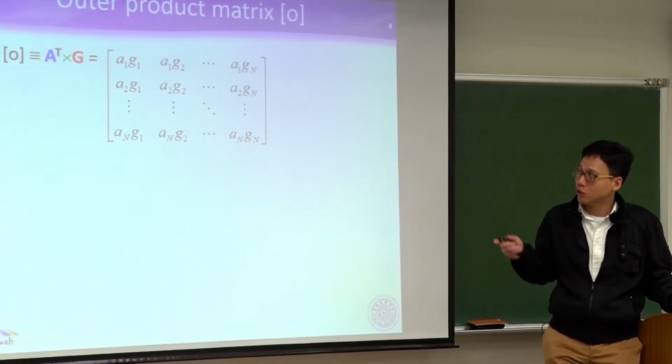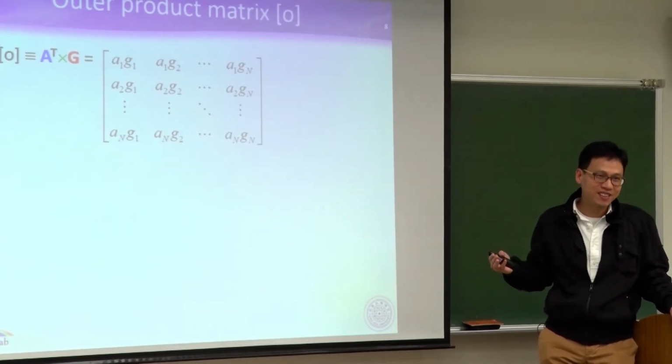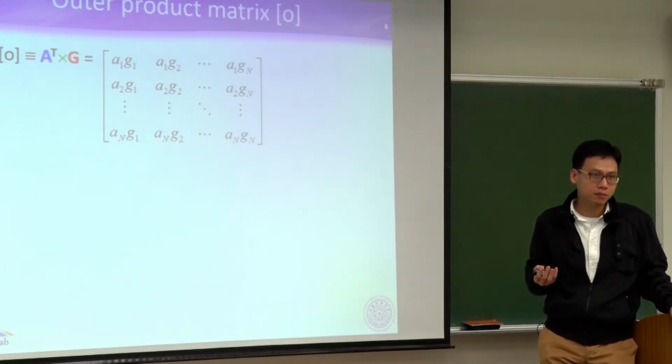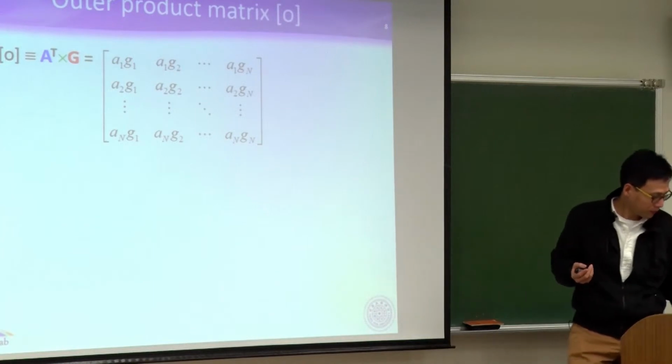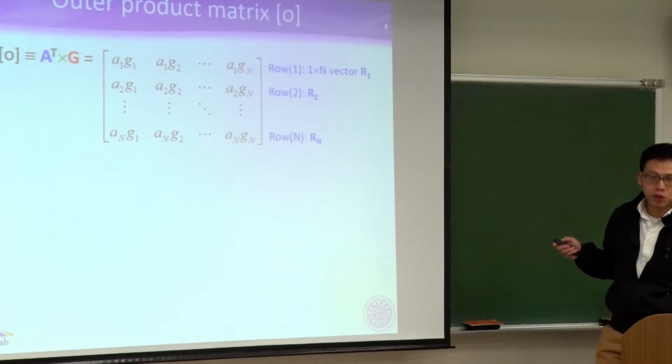So it's already there, but we need some rearrangement, to manipulate the matrix such that we can get the A sub sig matrix. Here, for the purpose of introduction, I designate the first row of this outer product matrix by the symbol R1.